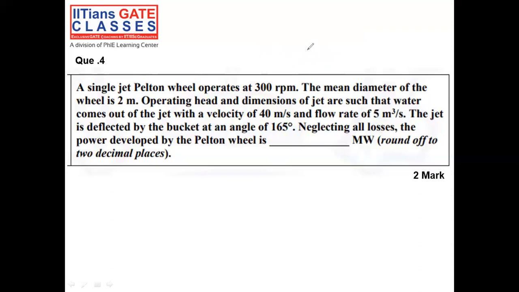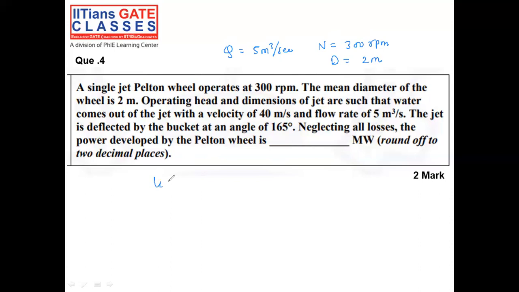They have given some velocity, that is RPM, 300 RPM. Diameter of wheel is given as 2 meter. And directly they have given the flow rate, that is Q is given as 5 meter cube per second.